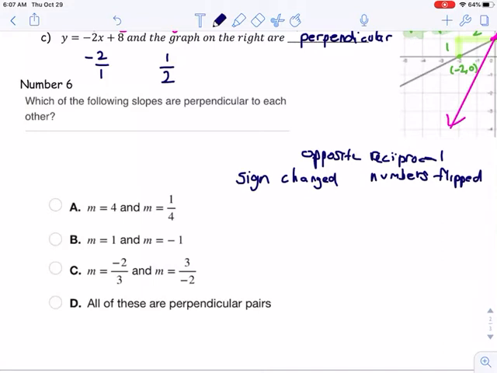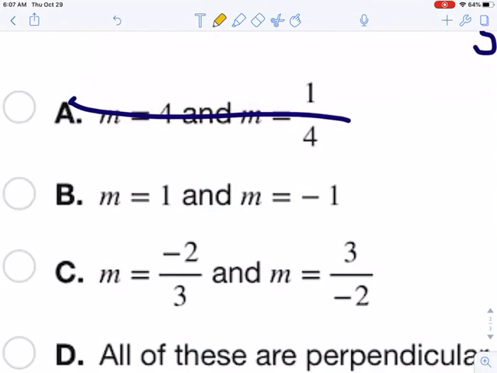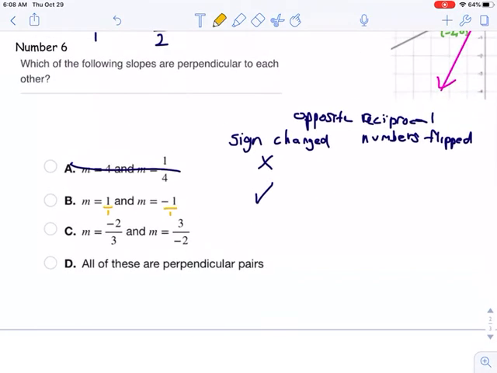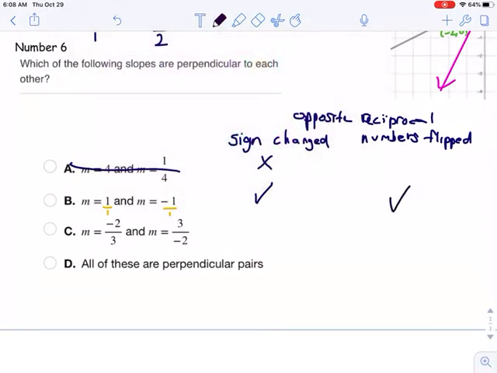In this first one, the signs don't change, so we already know that they're not perpendicular, so it's out. This one, the sign changed. Did the numbers flip? Actually, let's take a closer investigation. That's 1 over 1. That's negative 1 over 1. So yes, the numbers did flip. Just kind of hard to recognize since they're both 1 over 1. So check, that one meets the qualification of perpendicular.